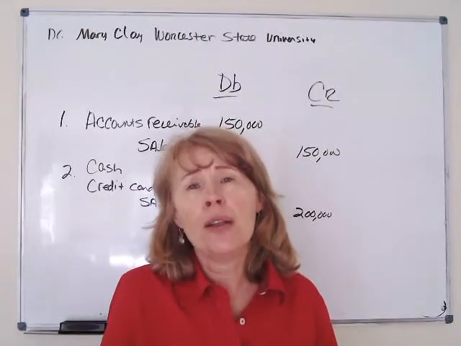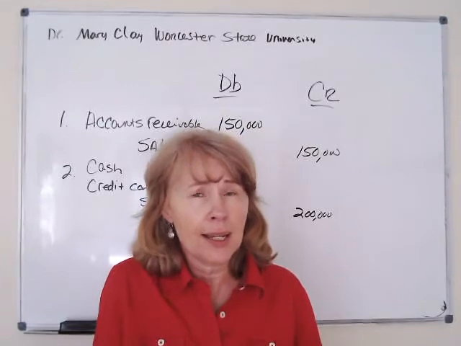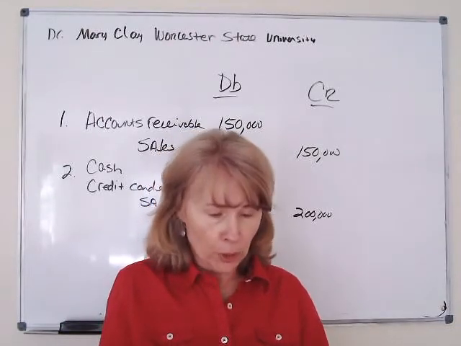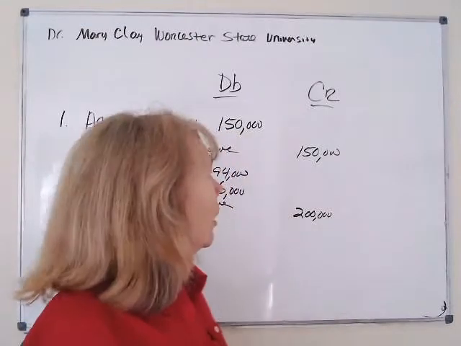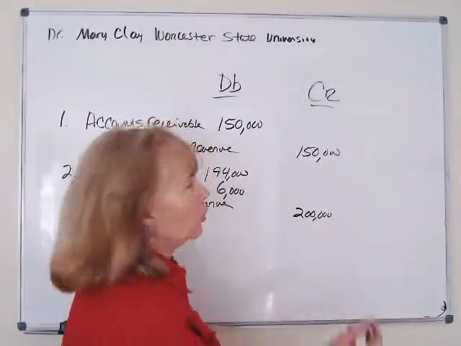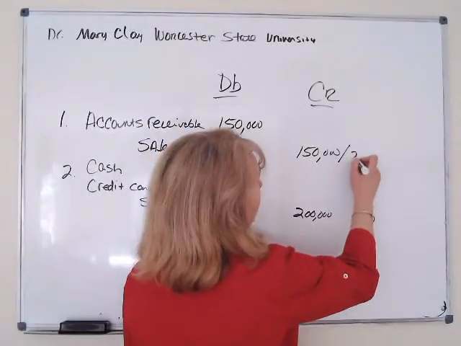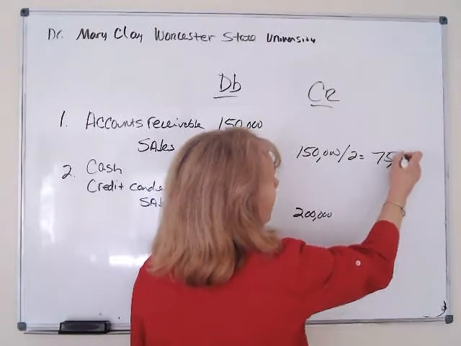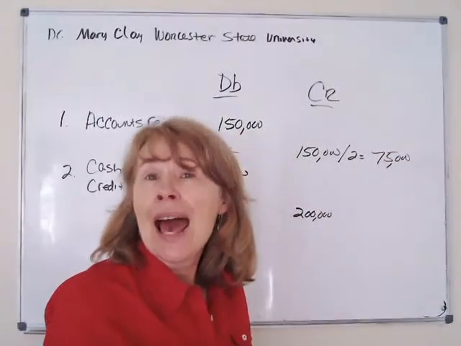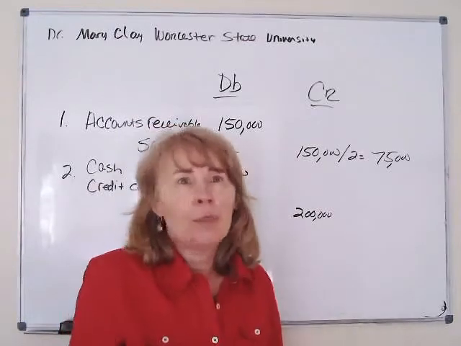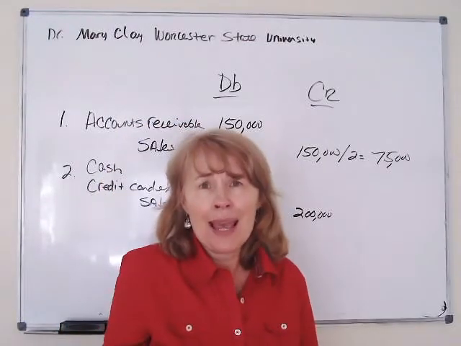I'm going to show you another way to do it, just so you're really understanding where that sales discount goes. All right, so half of what we sold, I'm going to divide this by 2, and that's 75,000. So this customer paid for half of it. They didn't pay for all of it, they paid for half. So you'll only compute the discount on what they paid, right?